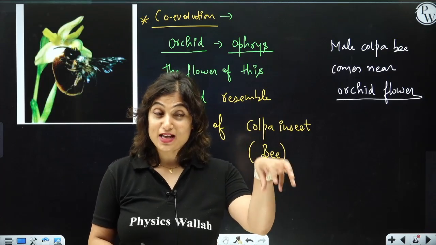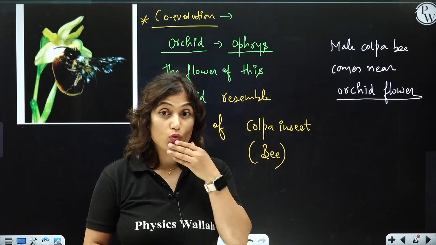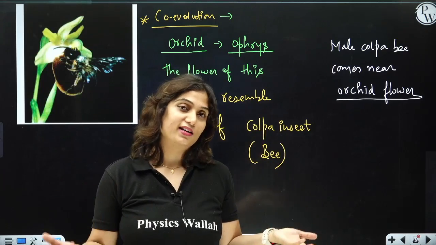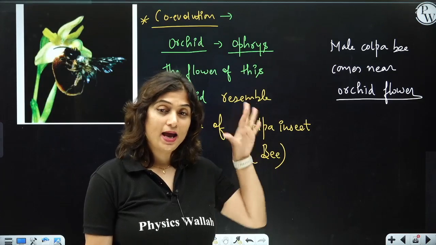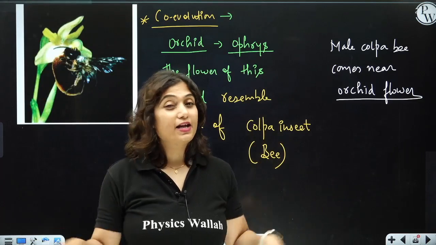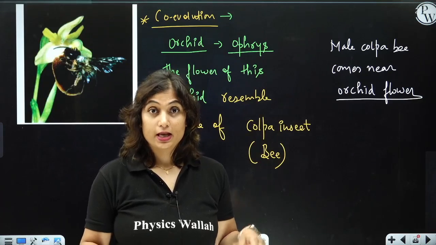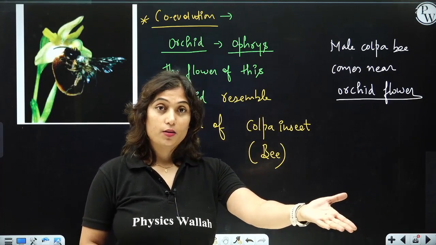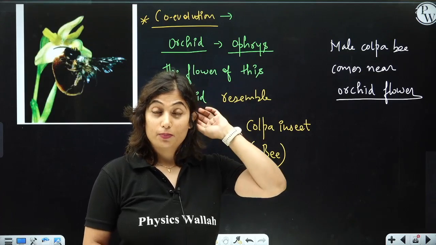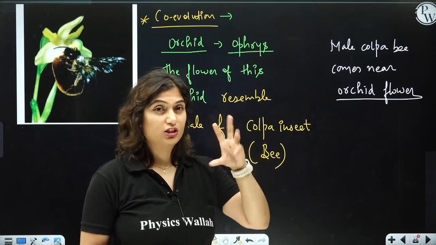So when it comes and sits, it realizes, oh, this is not my female, but until then the pollen grains get stuck to the male Colpa, and when it flies, it gets no reward from Ophrys. The Ophrys plant gives no reward to the male Colpa for pollination, and the male Colpa is disappointed.